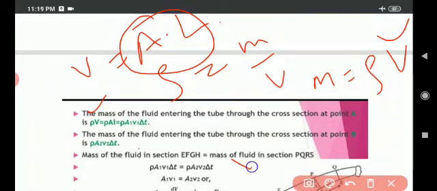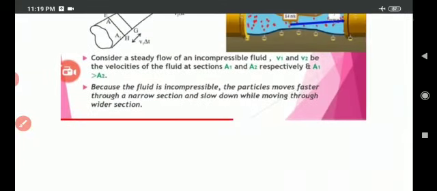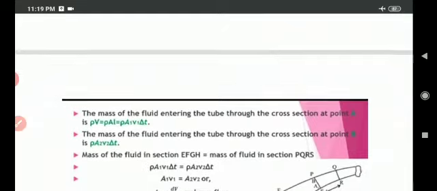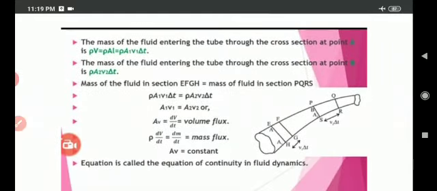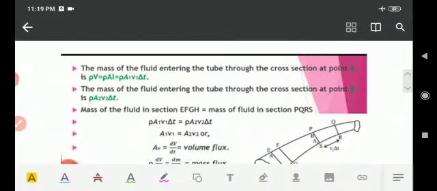Velocity is equal to distance upon time, so distance is V1 delta T. Therefore, mass entering the fluid through the cross section A is equal to rho A1 V1 delta T.